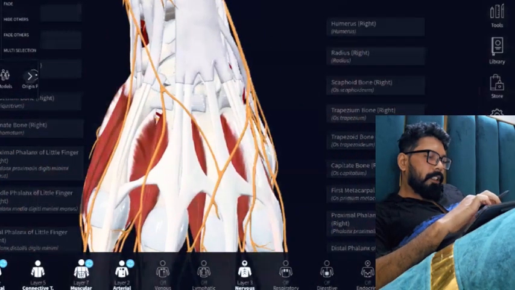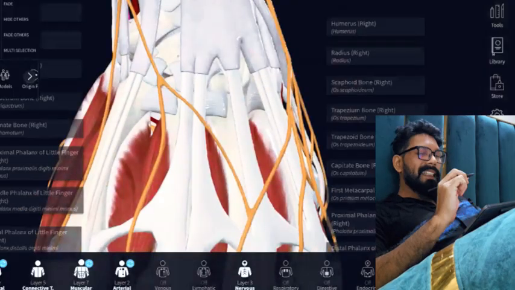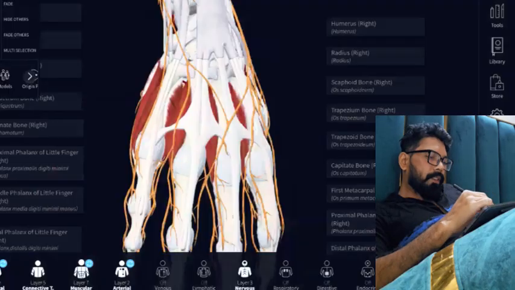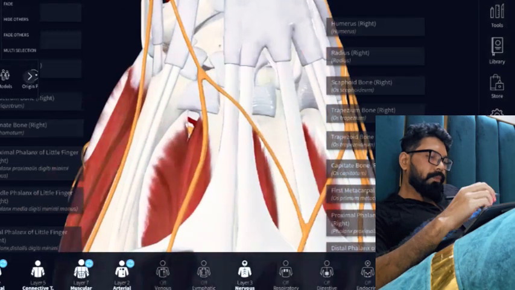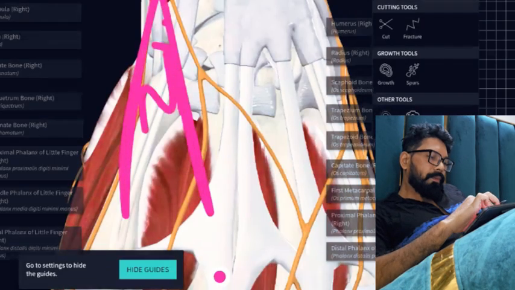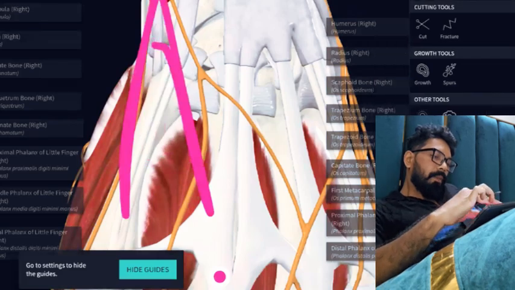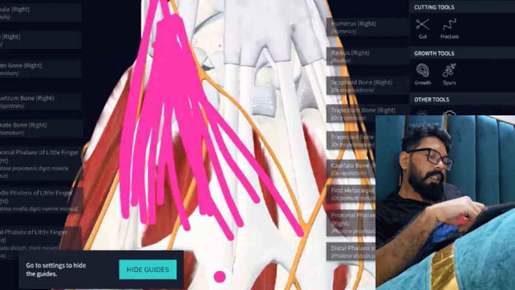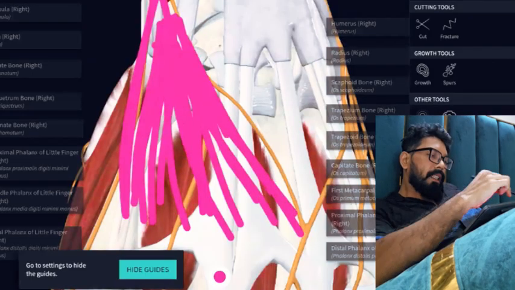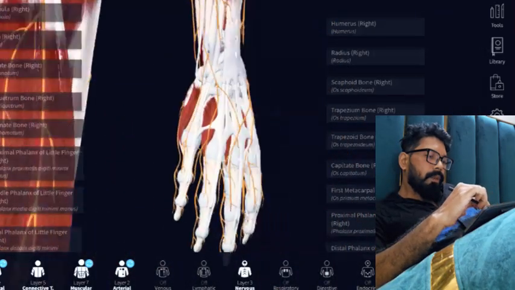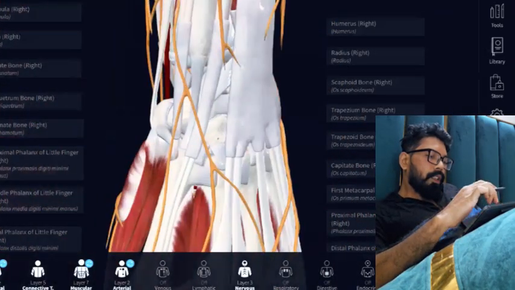So this branch is your dorsal ulnar cutaneous nerve, or DUCN. This area is supplied by your dorsal ulnar cutaneous nerve, arising from proximal to the wrist joint, from up.